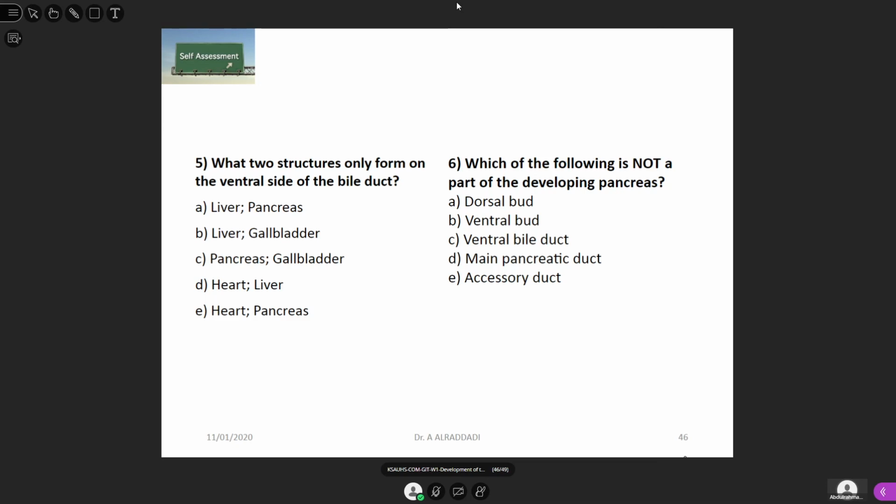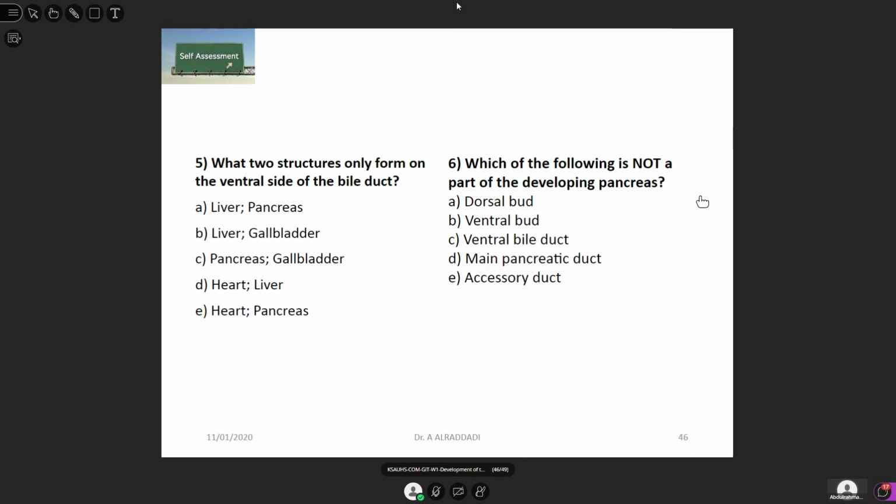Remember, the bile duct, we said we have the liver, the gall bladder, the ventral pancreatic bud, and the common bile duct. Only the ventral pancreatic bud and the common bile duct will be affected by the foregut rotation.